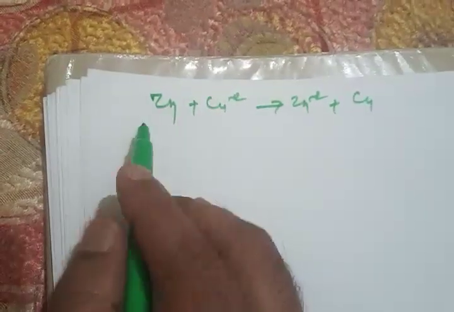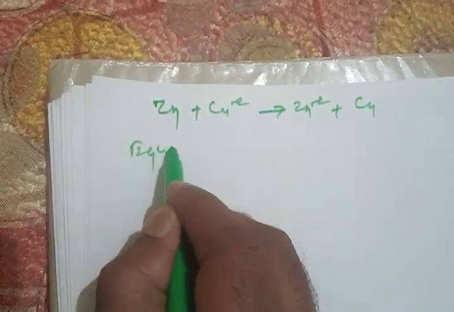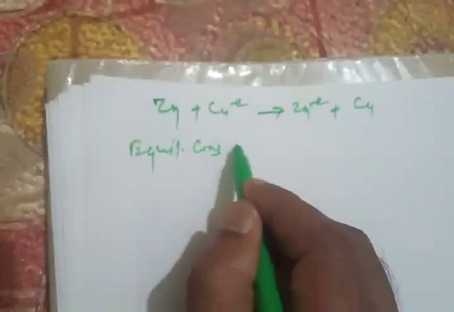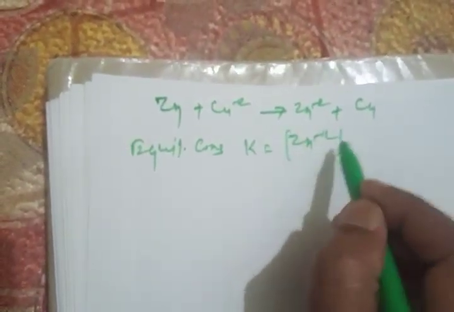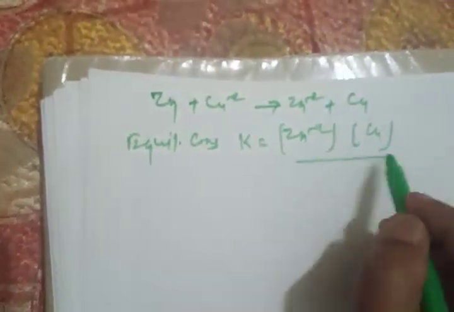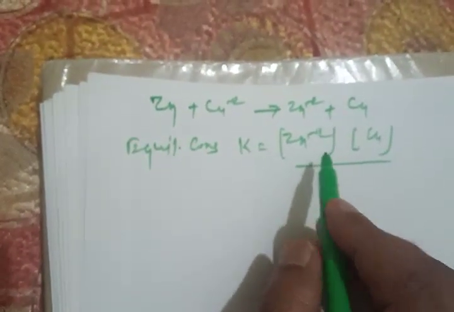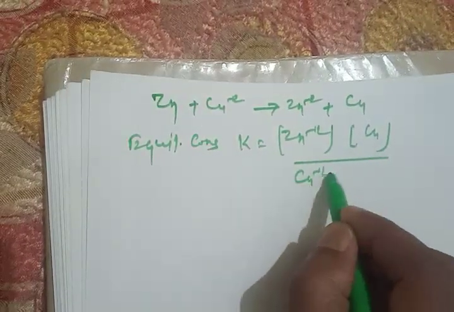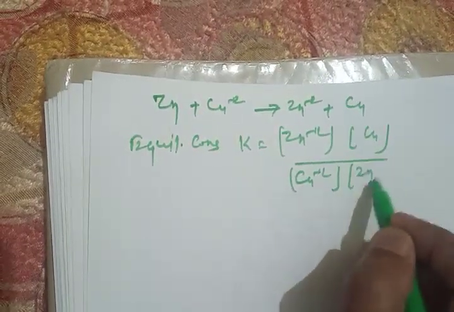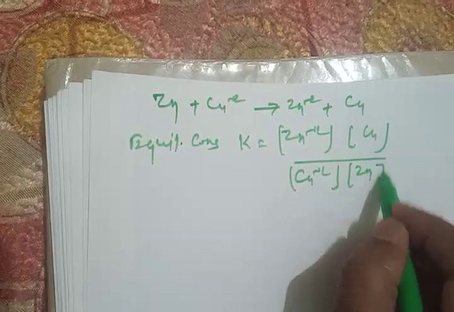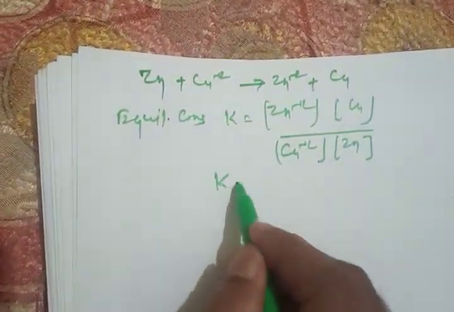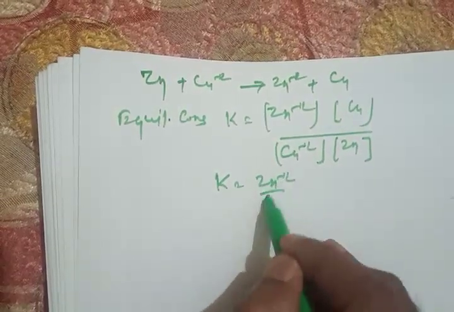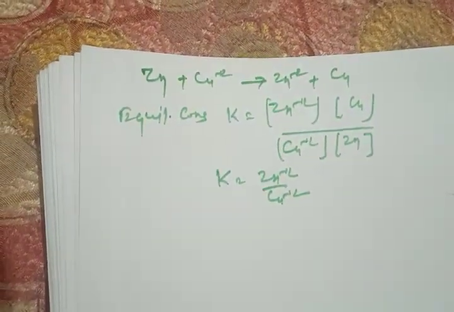So what is the value of K here? I'm talking about the equilibrium constant K. So the value of K is Zn plus 2, copper, divided by copper plus 2 and Zn. So the solid will be constant, so K equals to Zn plus 2 upon Cu plus 2.